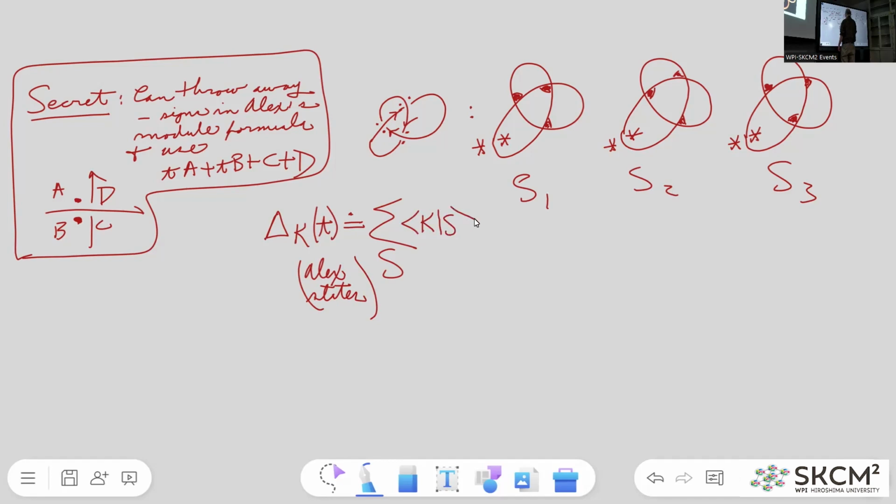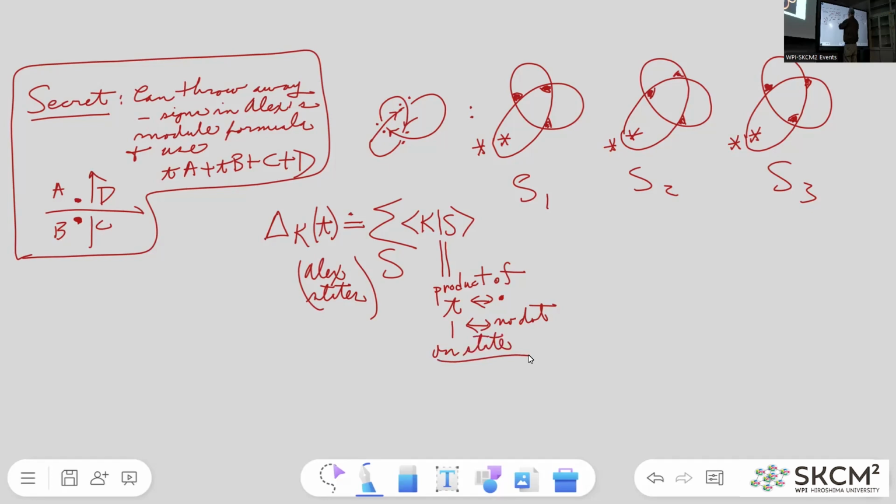Yes, and I'm not counting loops anymore. This is just equal to the product of P corresponding to a dot, one corresponding to no dot on the state.